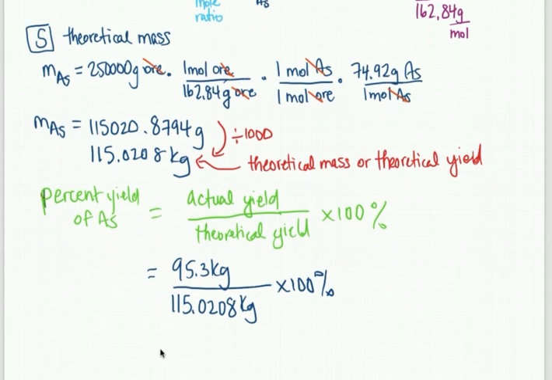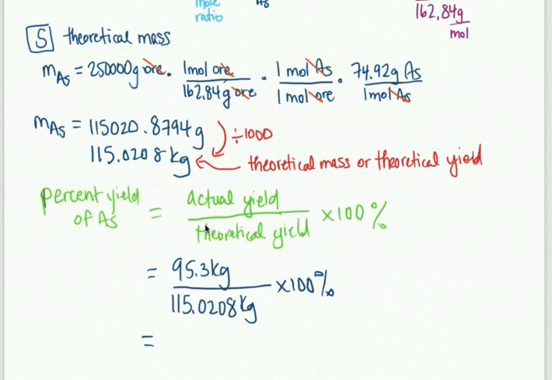Okay, so when you get to here, in the questions that I'll give you, the actual yield should be smaller than the theoretical, because maybe you spilled some stuff or something happened so that you end up with not as much as you wanted, okay? Yeah, so if your actual yield is bigger than your theoretical, go back and double check your work.